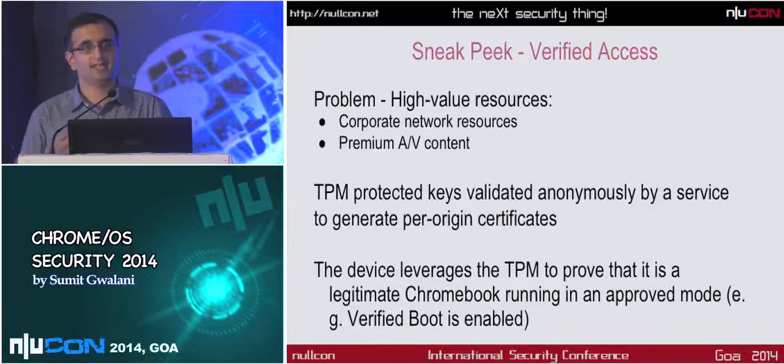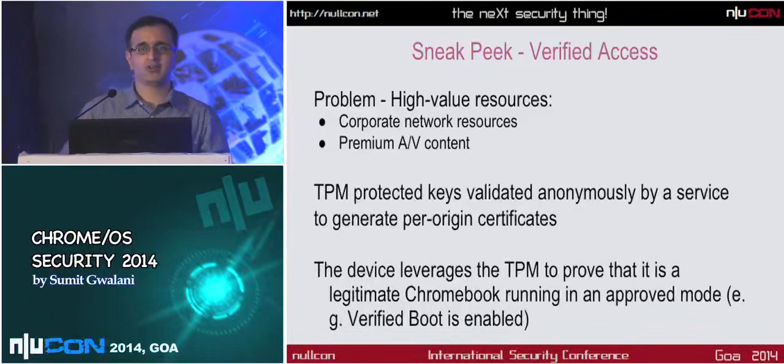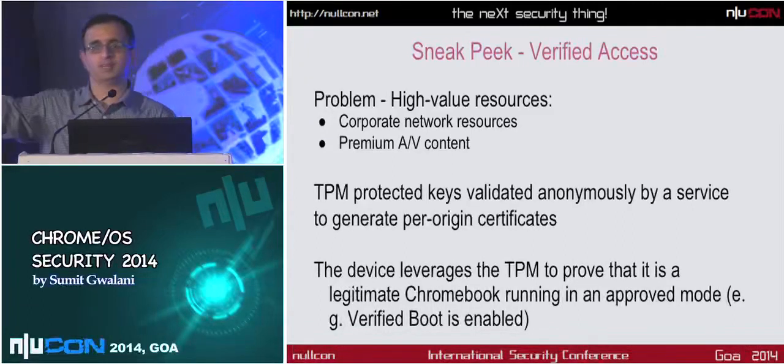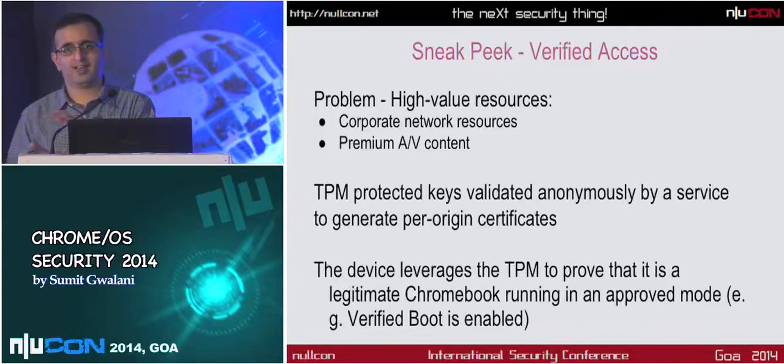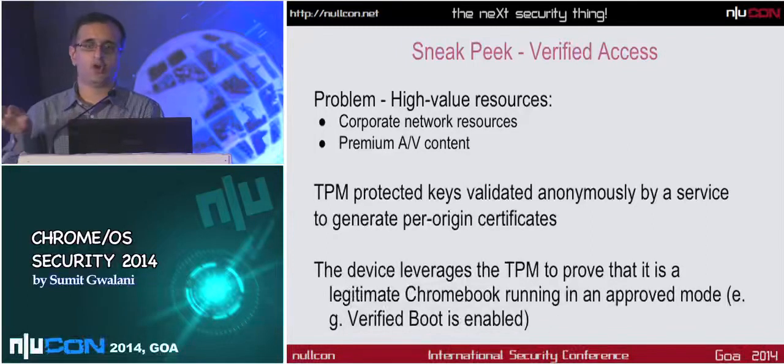The TPM, which is present on every single Chrome OS device, already contains protected keys. What we can do with verified access is validate them with an anonymous service, so your privacy is preserved, and then give you validating certificates that you can give to your corporate authority to guarantee that this is coming off a device which actually has a valid TPM, and that operations are getting signed inside the hardware in the TPM.